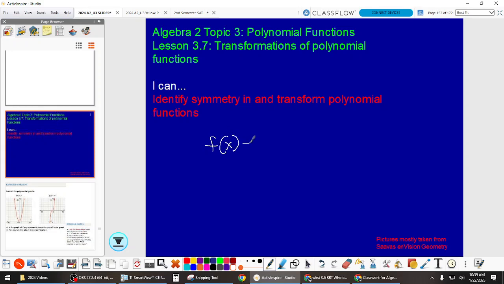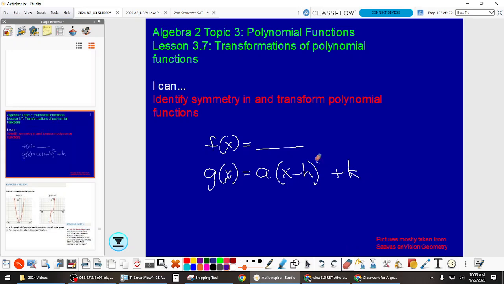If we had some parent function, our transformed function always did something like this. This was one version. Do you remember that? This would be for the quadratic. If it was the absolute value one, then we would just do that. It's the same though, otherwise.